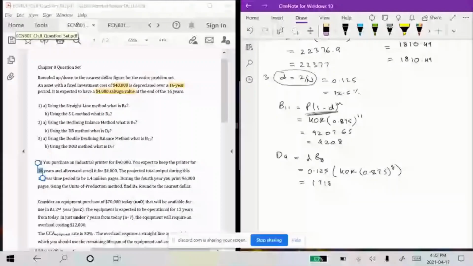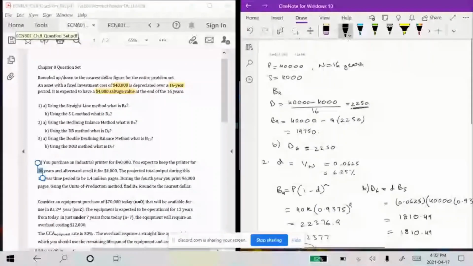The depreciation in any period is calculated on the basis of the previous book value. The declining balance method is just the one where you multiply by a factor every year, but in the straight line method, it's constant overall.